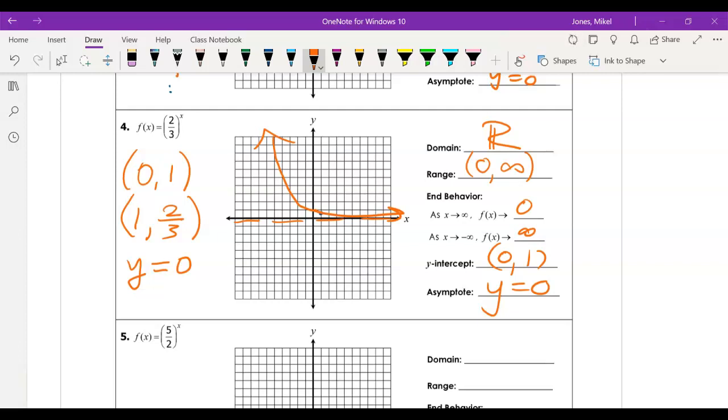It's very similar to number 3, right? It's very similar to the exponential decay where we had a 1/2.